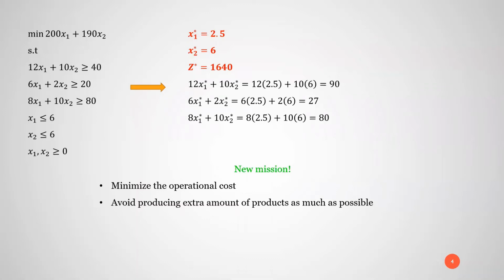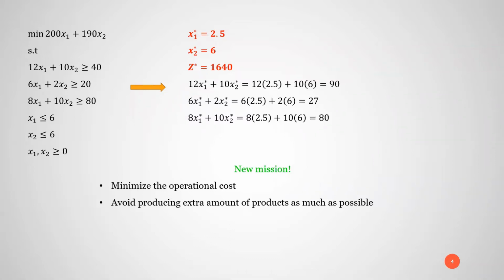And before we move forward, let's review some points. In a linear programming problem, the different goals of an organization might be summarized in the form of a single objective, such as maximizing the profit or minimizing the total cost.